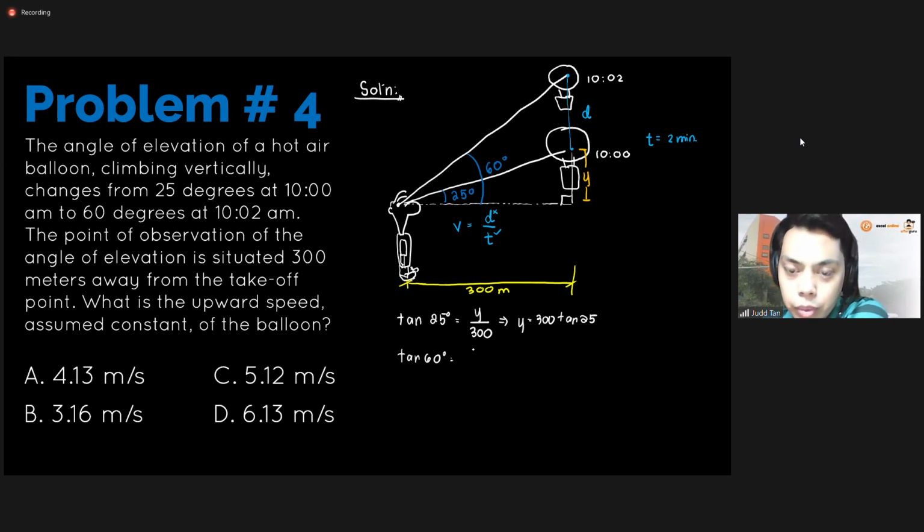Okay, kompleto po silang dalawa, d plus y divided by total, this is 1. This is 300. Okay. So, anyway, substitute na lang natin. That's tangent of 60 degrees equals d plus 300 times tangent of 25 over 300.